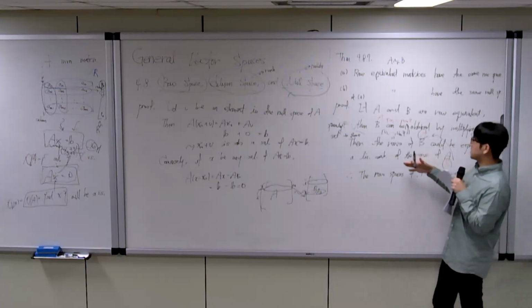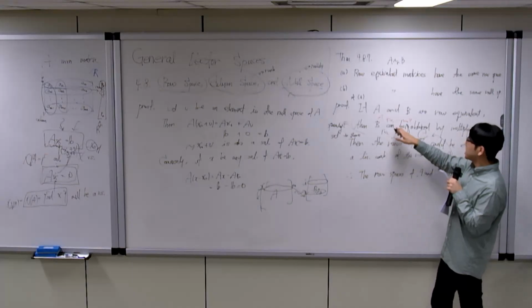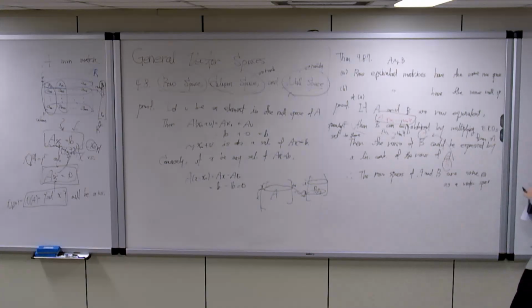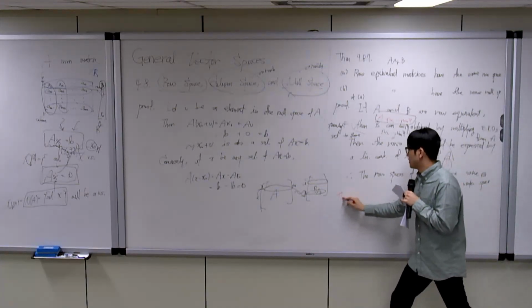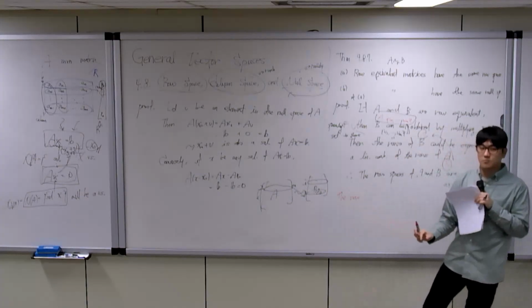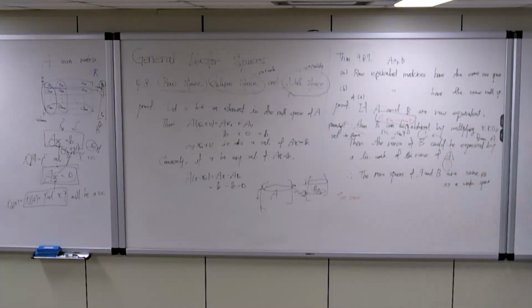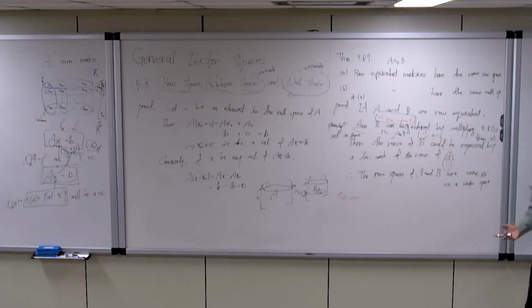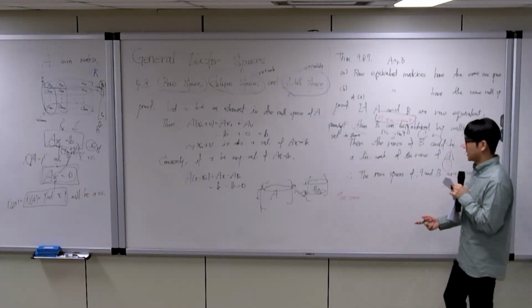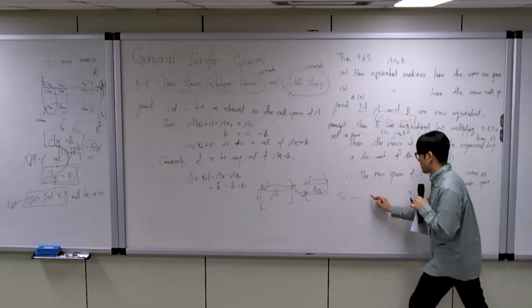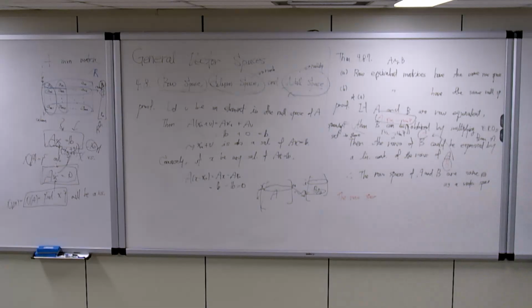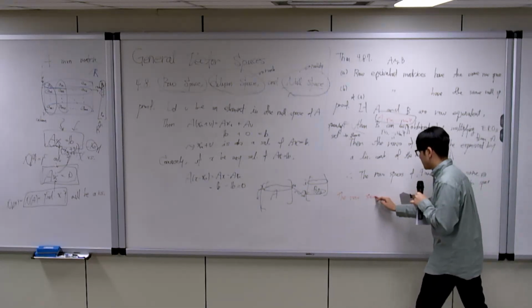We expressed A's row space by transforming and expressing it as a linear combination.